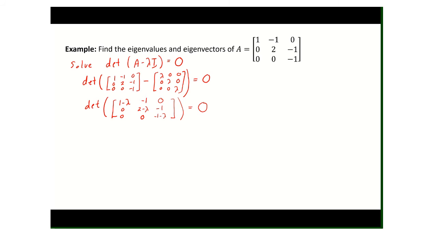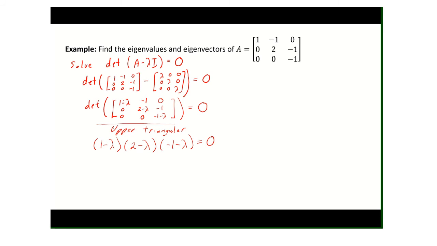But note that this is an easy one to solve because it is upper triangular. And we saw that when it's upper triangular, we can very easily get the determinant by multiplying all of the diagonal entries. So the determinant of this matrix is equal to 1 minus lambda times 2 minus lambda times negative 1 minus lambda, and that equals 0.